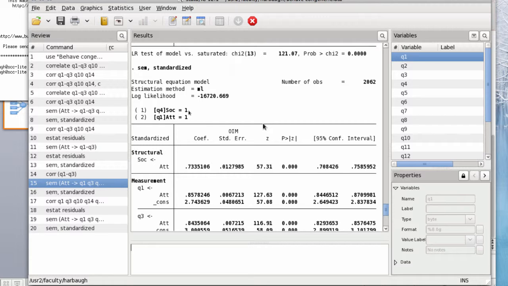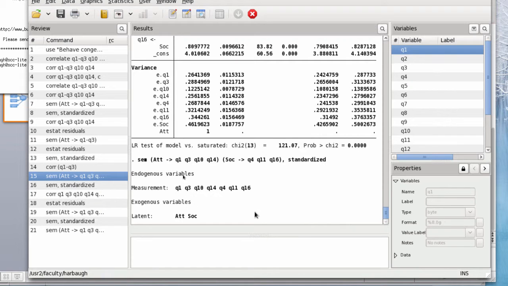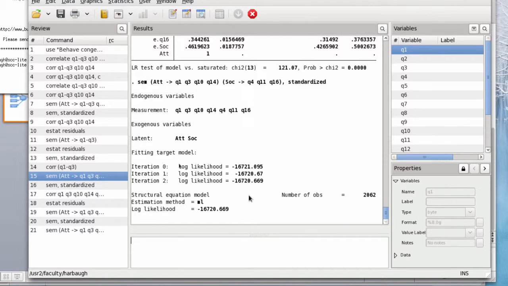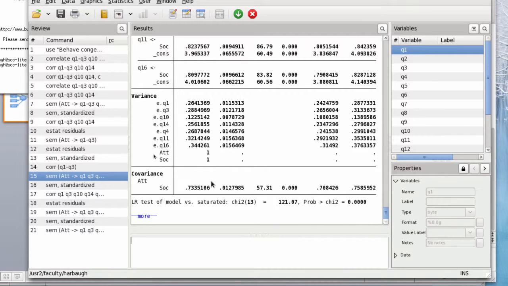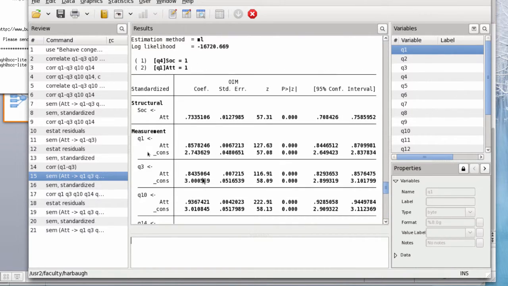Well, notice what happened when we actually ran the model before. Here the standardized covariance between attentiveness and sociability is 0.7335. Let me scroll up a little bit and look at the standardized path coefficient, and lo and behold, what is it? It's actually the same value.